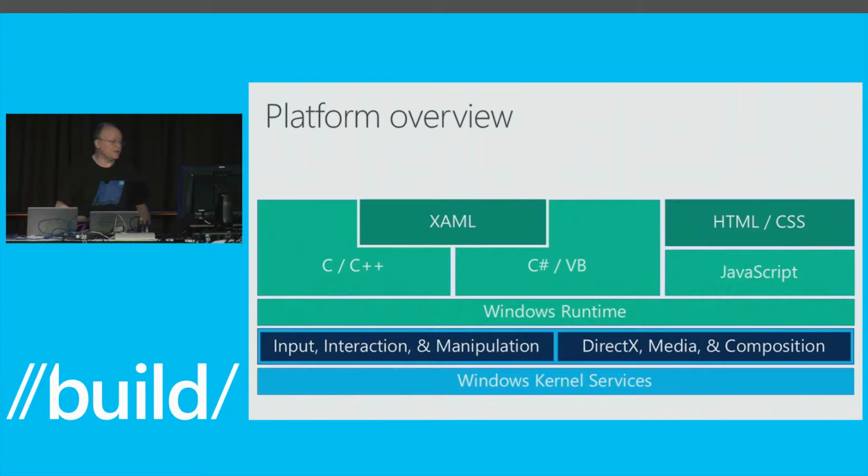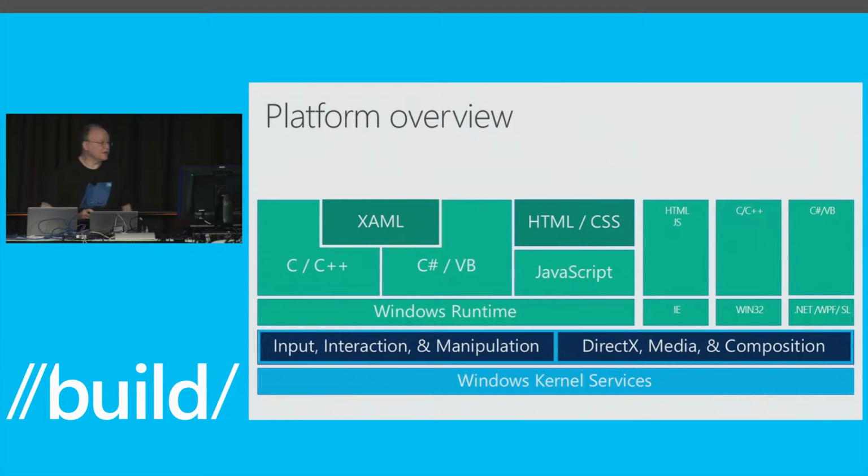And the reason we need to do that in particular is because those layers also underlie the desktop. So all the work we've done in this space for the Universal Windows application model also is very important to desktop. And if we push them to the side and make room for some of the desktop stacks that you're familiar with, you see we also have HTML there on that side, web programming. We also have the classic Win32 with C and C++.